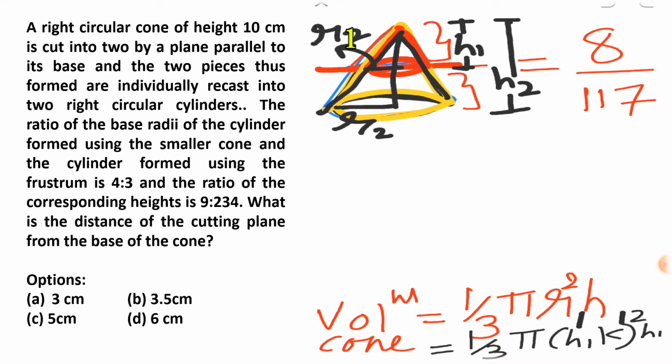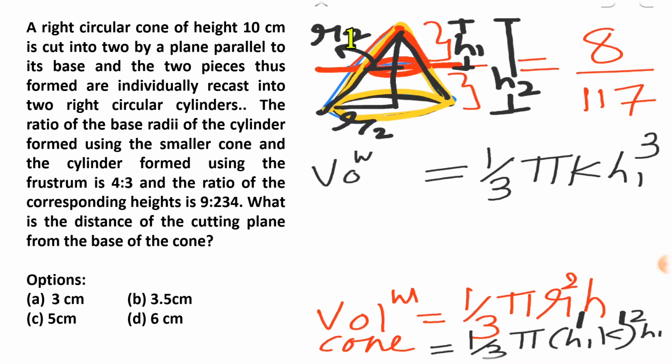So I'm basically talking right now about the volume of the smaller cone, which will be equal to 1/3 pi K squared H1 cubed. So do you understand this much? Now going ahead, this is the volume of the smaller cone.